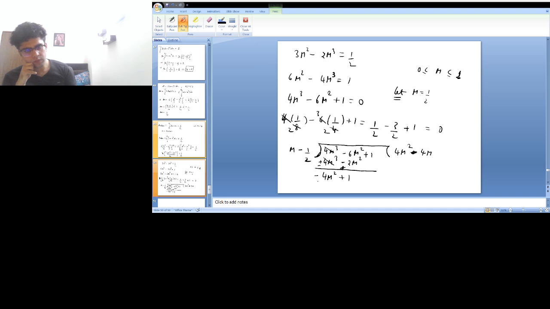Multiplying this by minus 4m gives me minus 4m square, and this gives me plus 2m. The minus 4m square cancels, so I'm left with minus 2m plus 1.